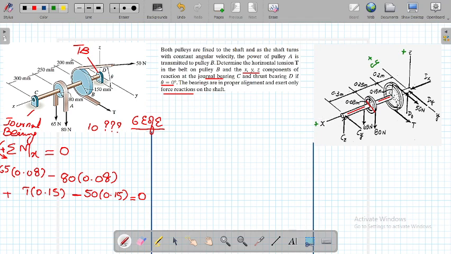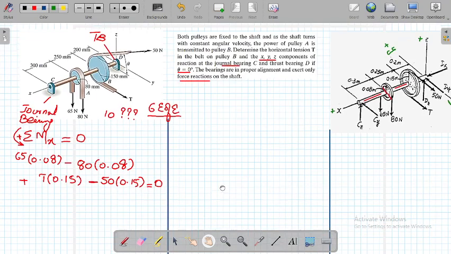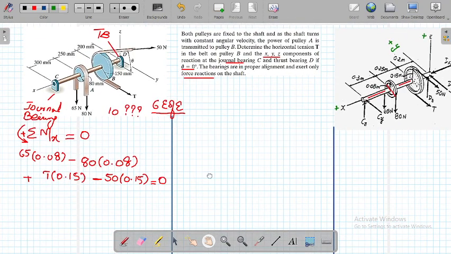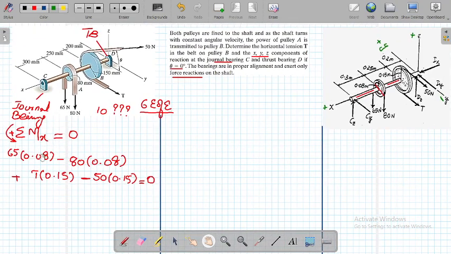Okay, this is going to be your positive x, positive z, positive y. This is your negative y. Okay, you must remember this. Okay, so now we start the summation of moments about the y-axis is equal to 0.